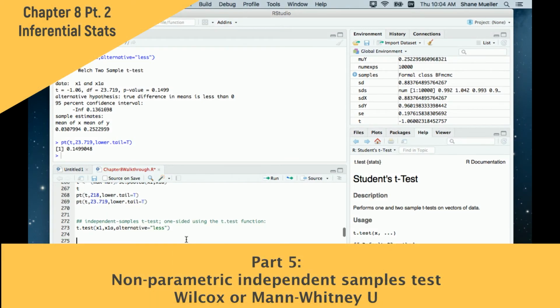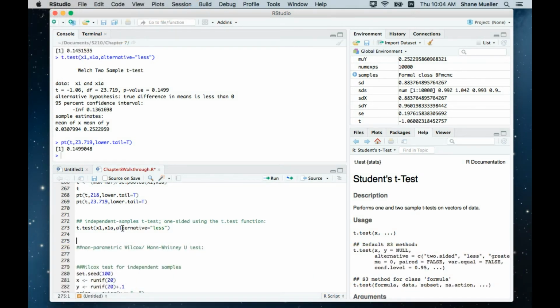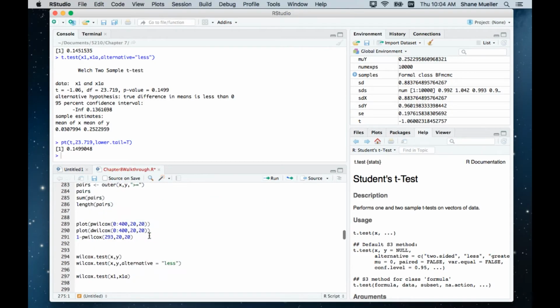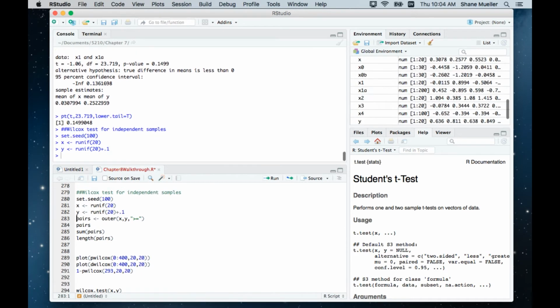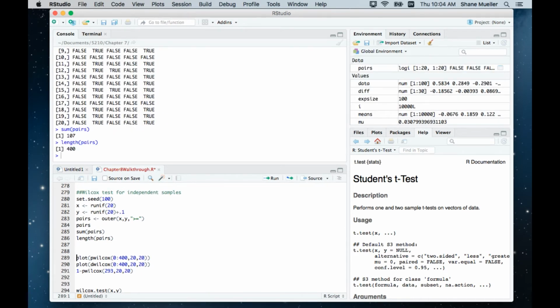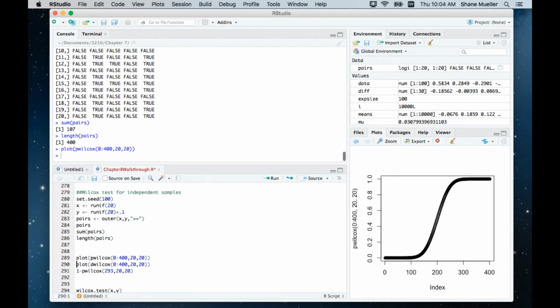All right, so next, that's the two-sample t-test. When you have independent samples, independent or two-sample t-test, you can do the same thing using the Wilcox test, and I think I've got some additional examples here.